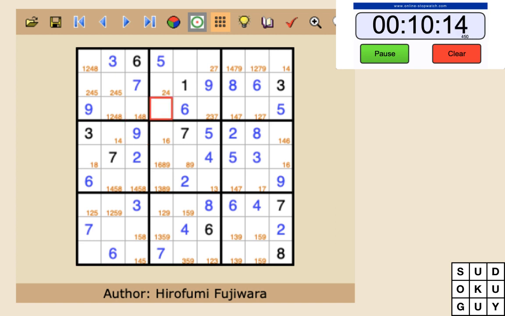This box is missing 2, 3, 4, 7, 8. Oh, this column's decent, actually. Like, I can eliminate 1 here.